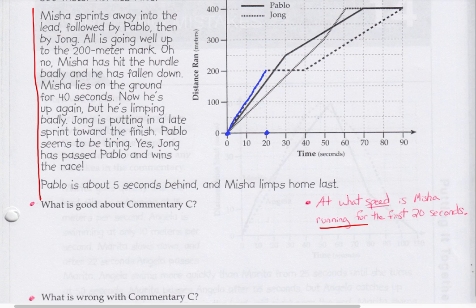Anyway, so the y values are right here. That's going to be 200, and the x values are clearly 20. So you should have had the speed as a y change of 200 and an x change of 20. You can reduce that to 20 over 2, or to 10. So it's going to be 10 meters per second.